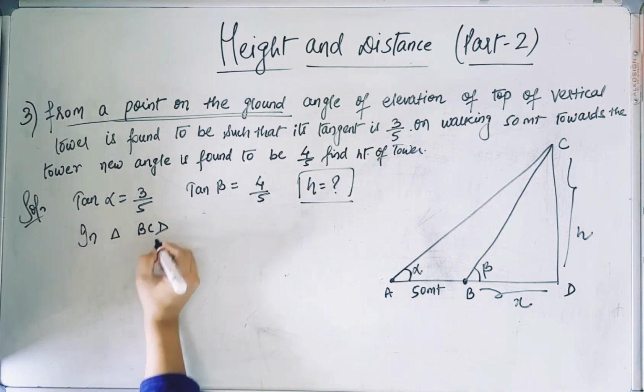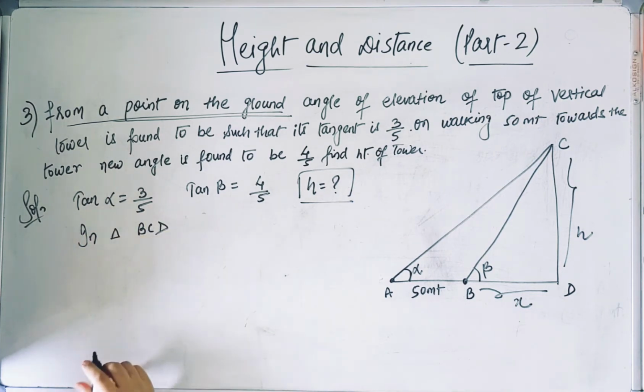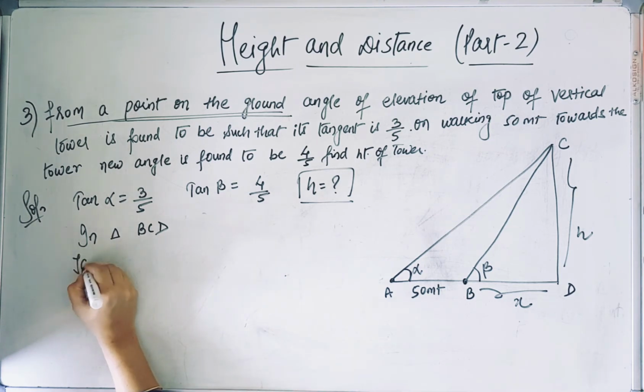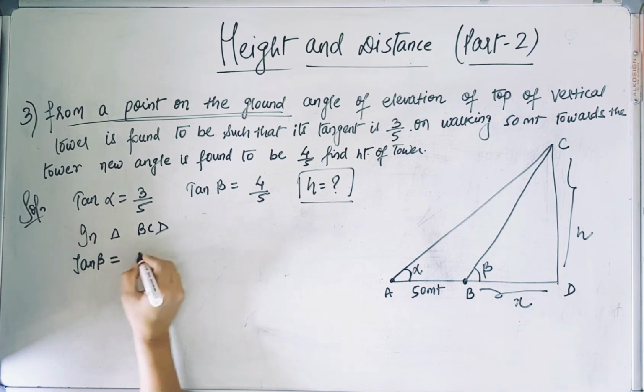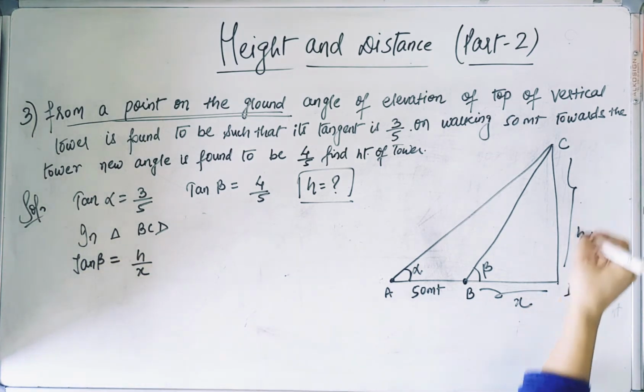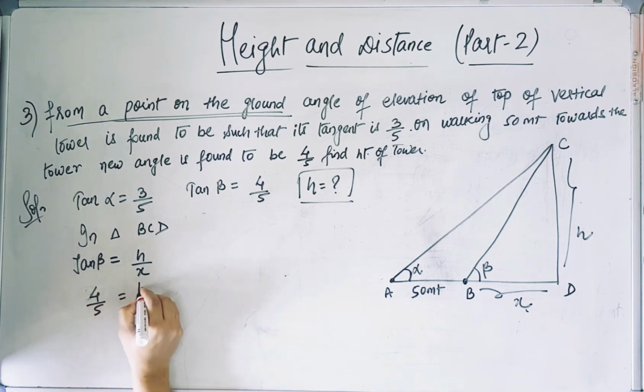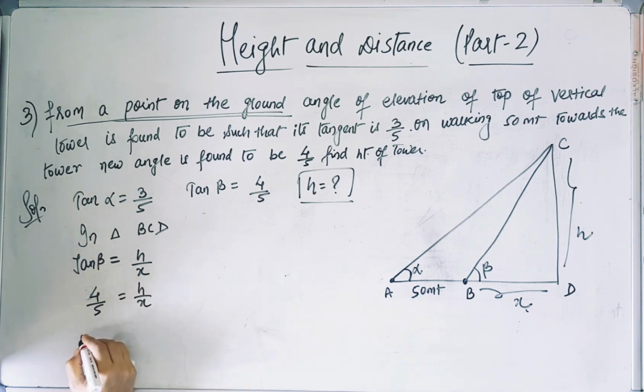In triangle BCD, tan beta is h by x. I've supposed this to be h and this to be x. So tan beta is 4 by 5, so this is h by x. So here we can write x is equal to 5h by 4.